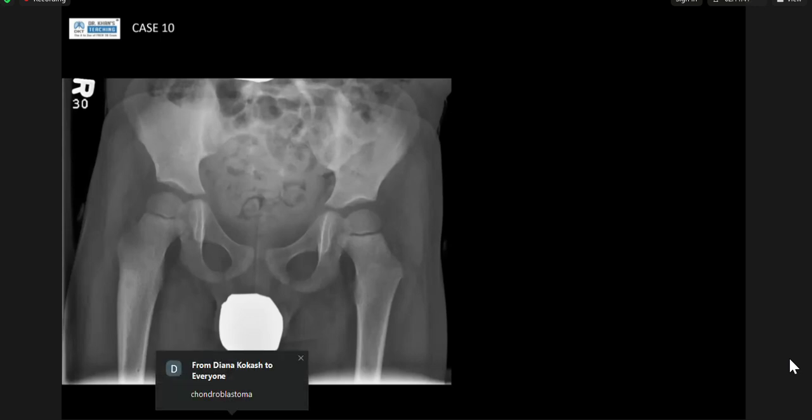So this cortical based sclerosis with some internal lucency points towards the first differential of osteoid osteoma.